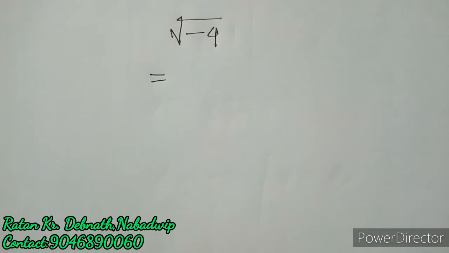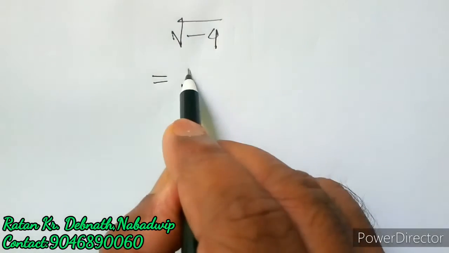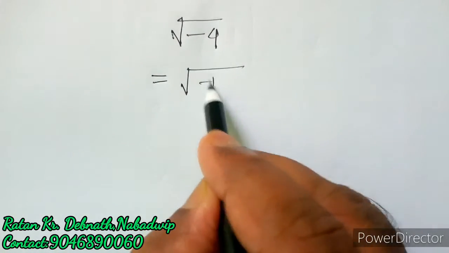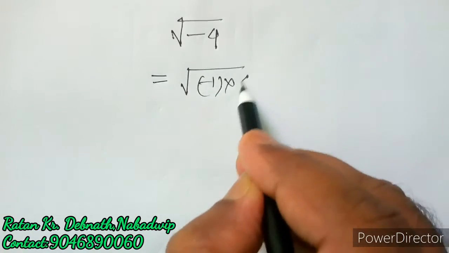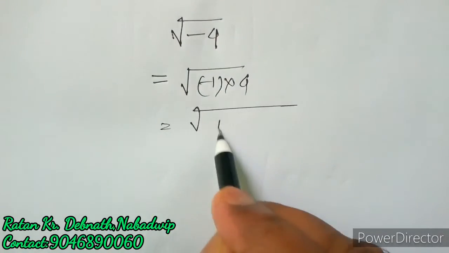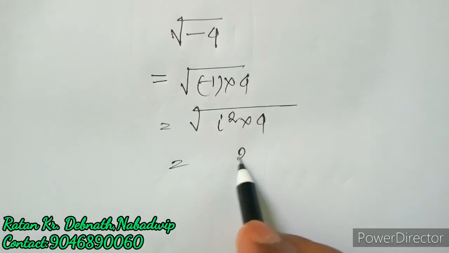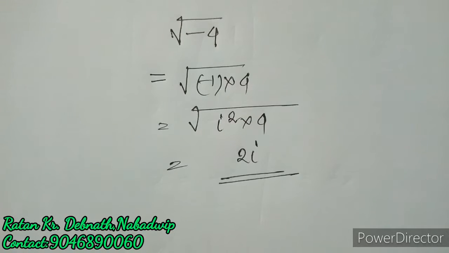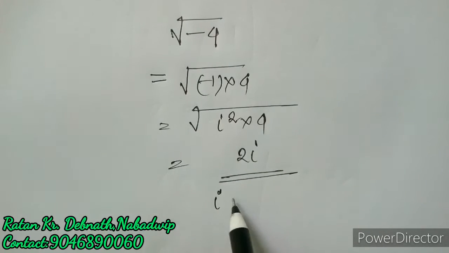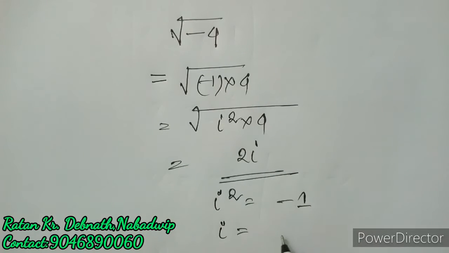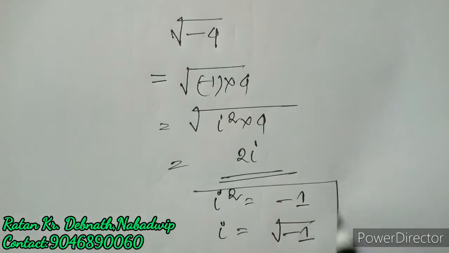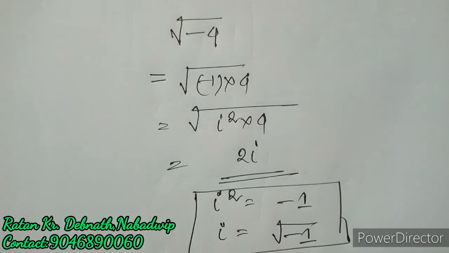We call it imaginary number or complex number. I have already told you that i square equals minus 1 or i equals root over minus 1 is the key of complex number.